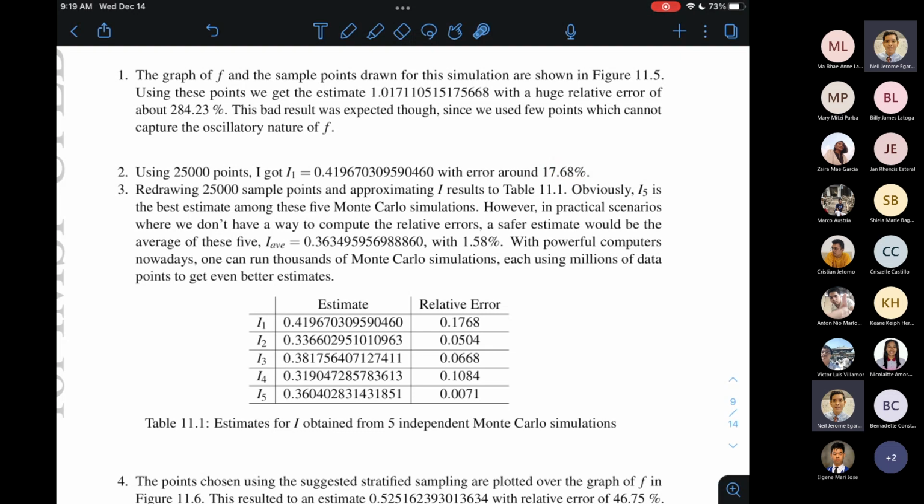Now, on Friday, I'm gonna show you two more ways or two more tricks on how to improve the results we got from the Monte Carlo simulation. Ano? Una, yung use of several Monte Carlo simulations. Kung ang kaya lang ng RAM mo talaga ay 25,000 random points at a given time, that's fine. We can do several Monte Carlo simulations and then just average out the results that we got from each.